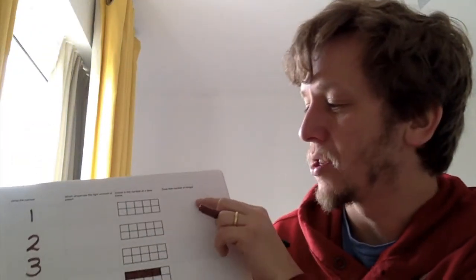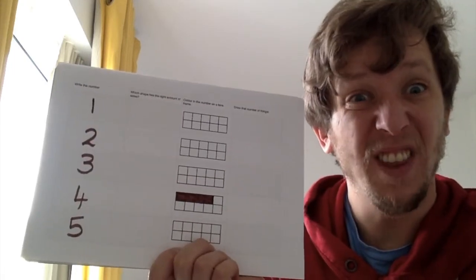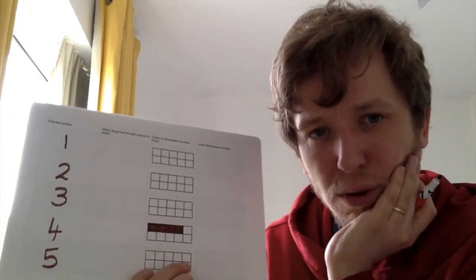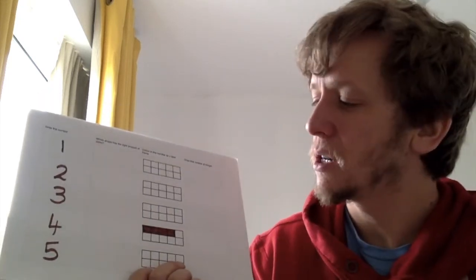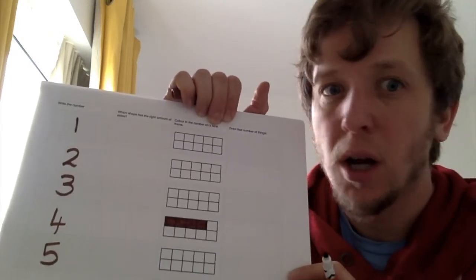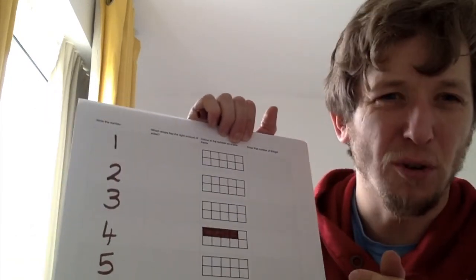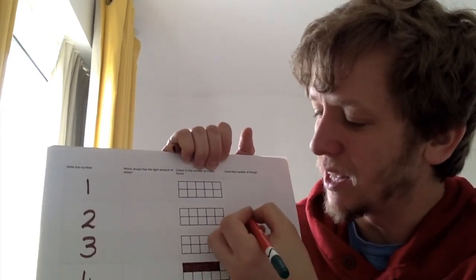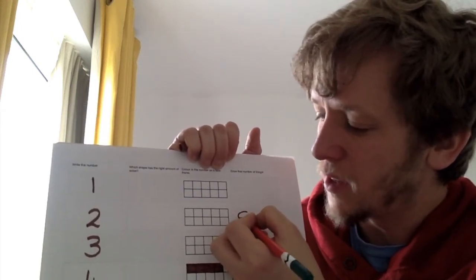And the last one says, draw that number of things. So if I wanted to do the number 2, I'd have to draw 2 things. And I'm going to draw 2 bumblebees. I always draw bumblebees, don't I? I find them nice and easy to draw, but I think they look really good. So it starts as an oval.